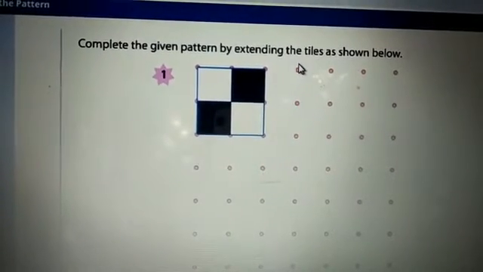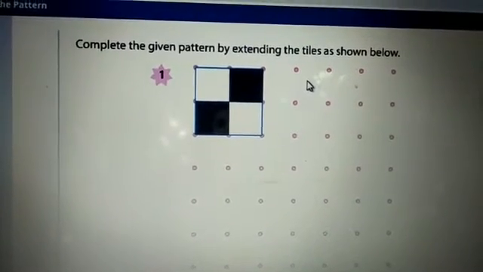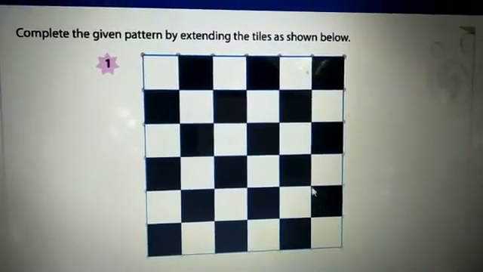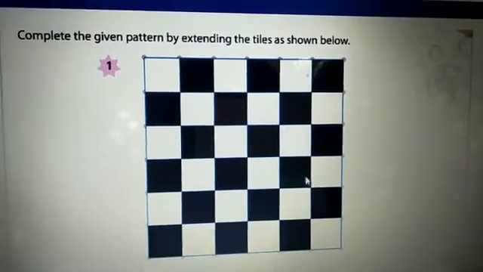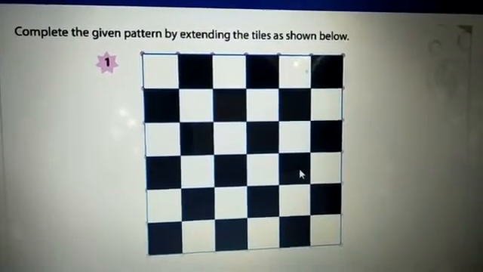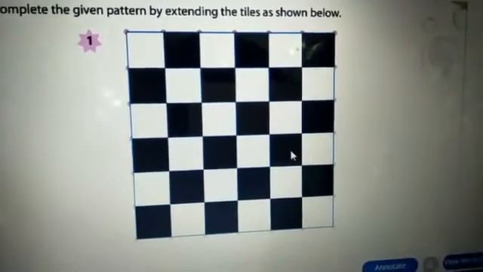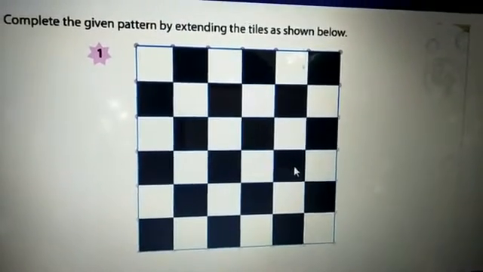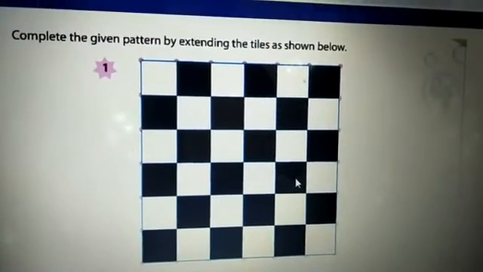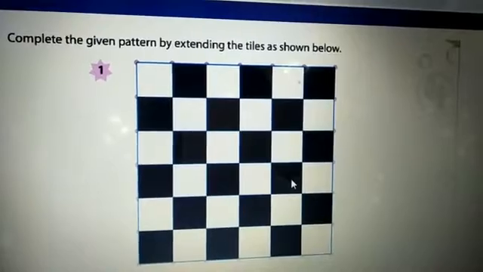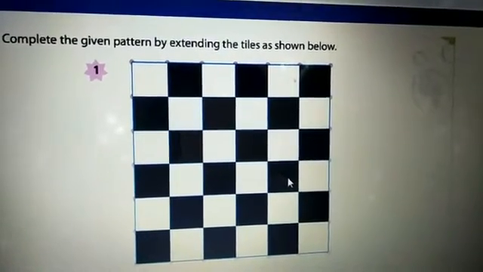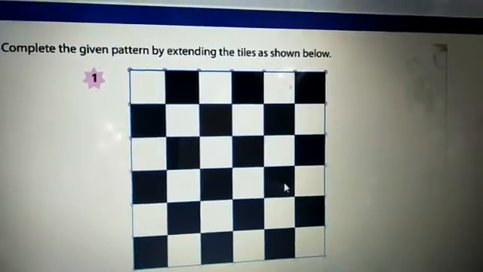Just like that you need to give color. So this one is our completed pattern, children. You should do this in your classic note, or else I will give the worksheet. There you do it and send it to me for correction. Is it clear?